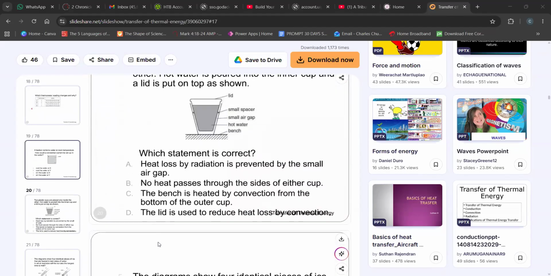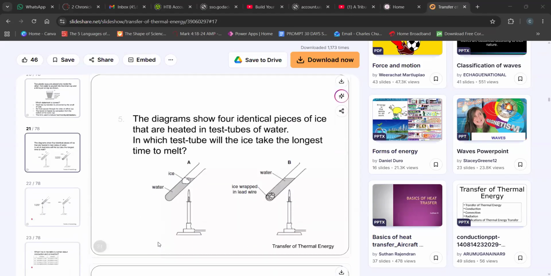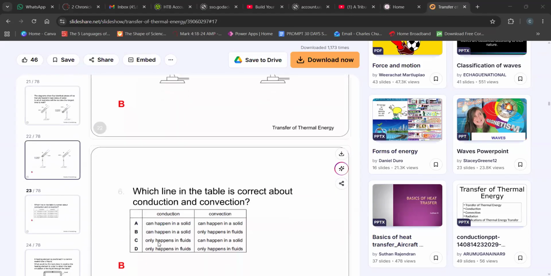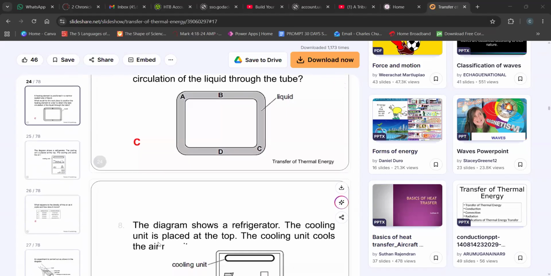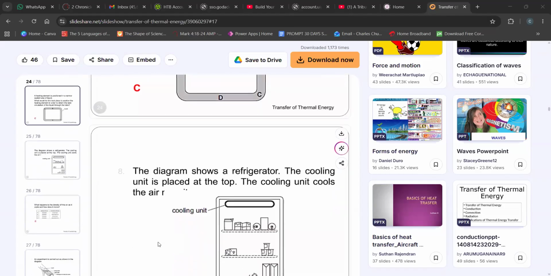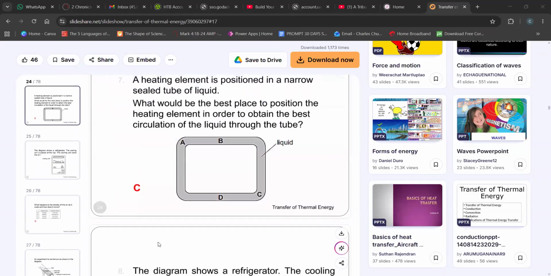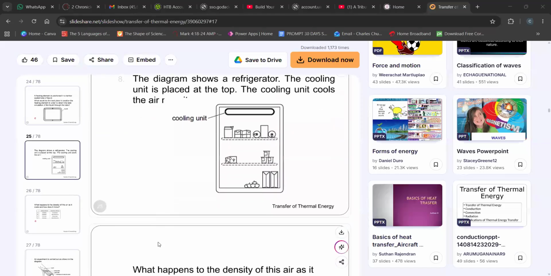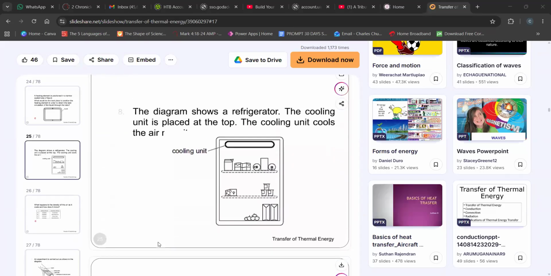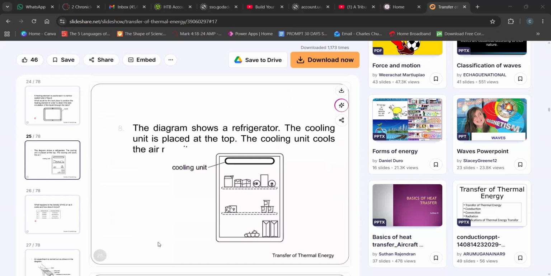So I want to go to the next one, which is radiation. I'm skipping all these experiments technically, but I think I can talk about this. The way your refrigerator works, right?